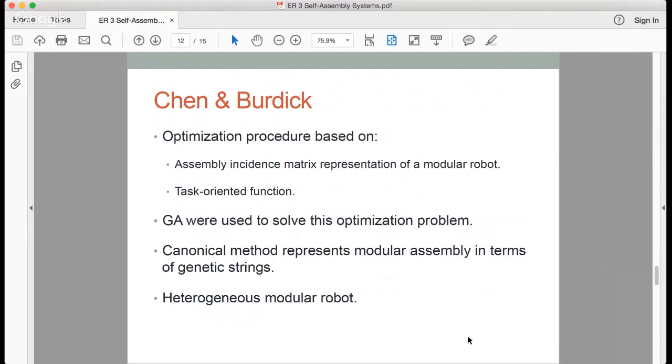Modular robot assembly configuration was evaluated using a flexible and general assembly configuration evaluation function. However, in some instances, such a procedure will be computationally expensive.